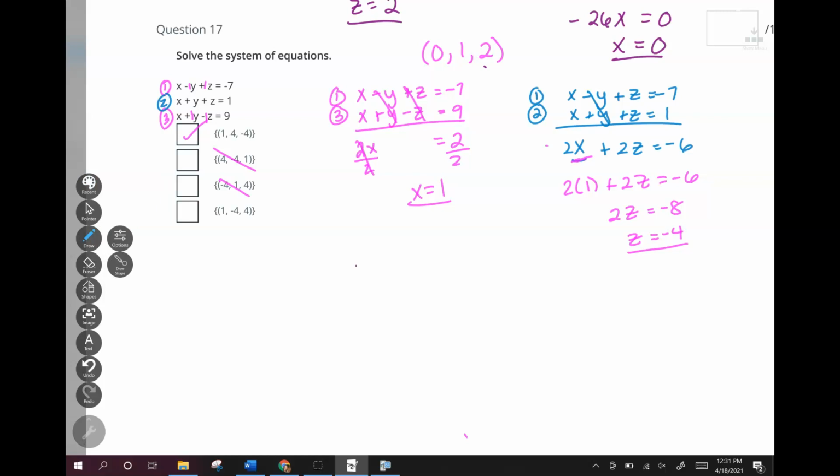So I could do the first equation, 1 minus y plus -4 equals -7. That's -y minus 3 equals -7. Add the 3 over and divide by -1. So y should equal +4.